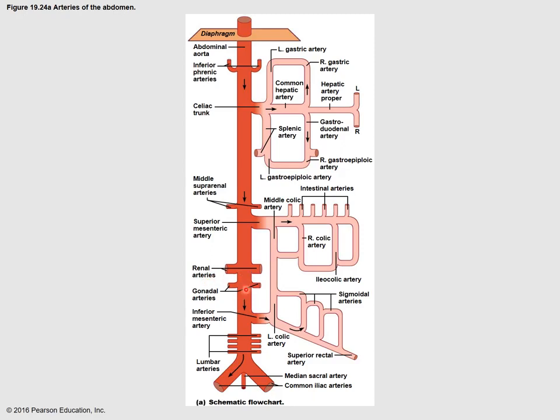You've got the gonadal arteries for the reproductive organs. You have the celiac trunk here, which you have noticed these two different pathways here, the splenic artery, the common hepatic artery. These are going to be servicing the stomach, up here the spleen, the pancreas, you've got the liver, etc.